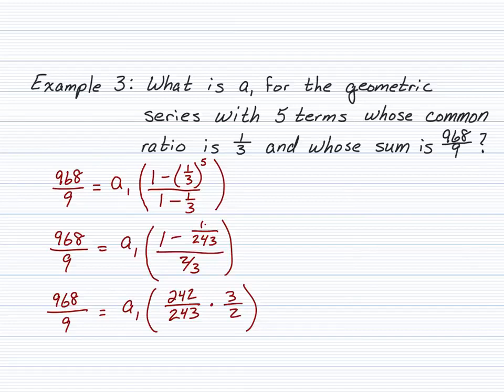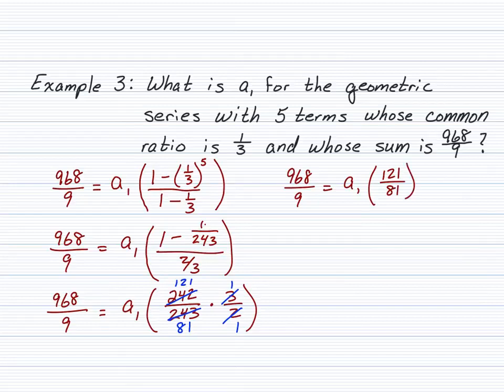All right, so we can cross-reduce a little bit here and simplify some things. 3 goes into 3 once, and here 81 times. 2 goes into here once, and here 121 times. All right, so we now have 968 over 9 equals a sub 1 times 121 over 81.